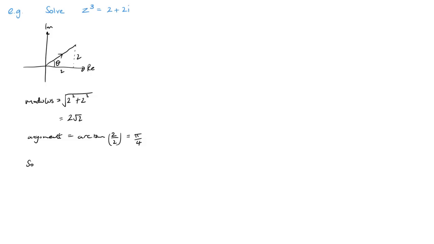So z cubed is 2 root 2 cos pi by 4 plus i sine pi by 4. Now let's write this z in its general form. So that's r cos theta plus i sine theta, raised to the power 3.